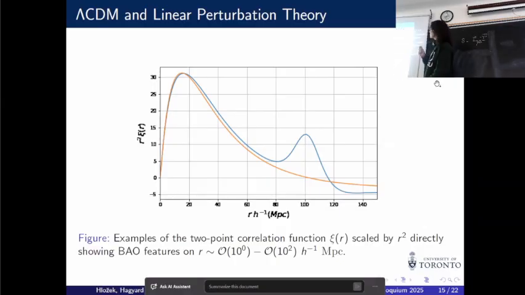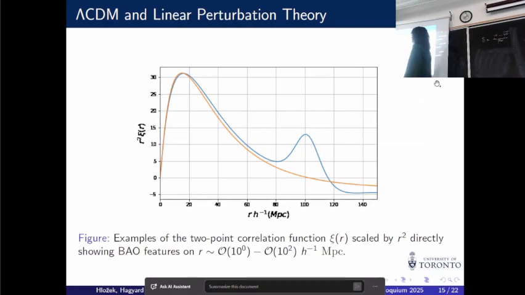It could have something to do with how the correlation function is scaled, because if you were not to scale it by r squared, you would see a different shape for the function. Essentially, you would not see this term that's rising here. It would start off from the maximum and then just decrease.